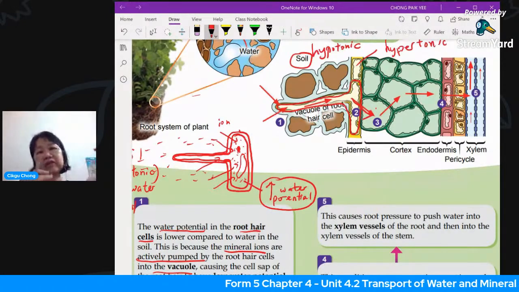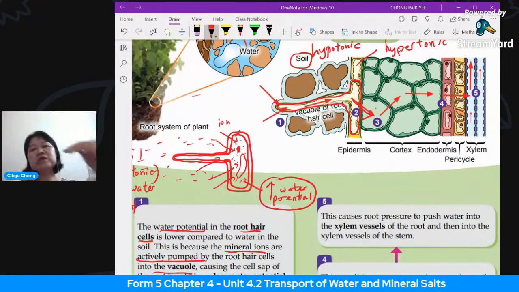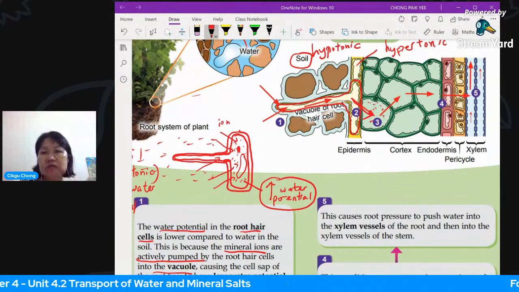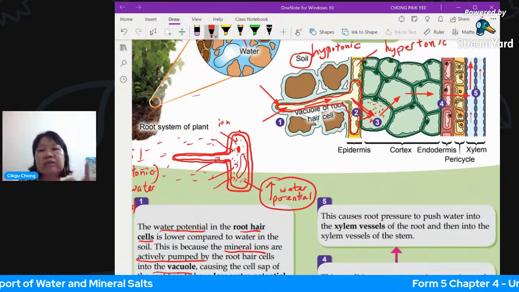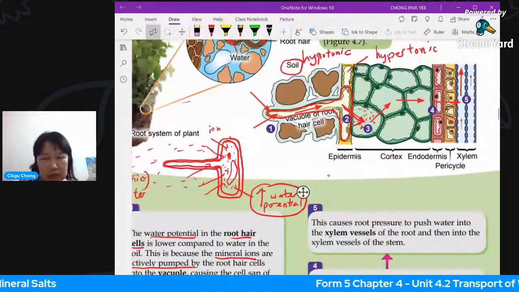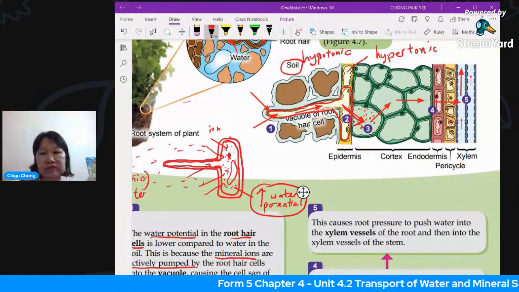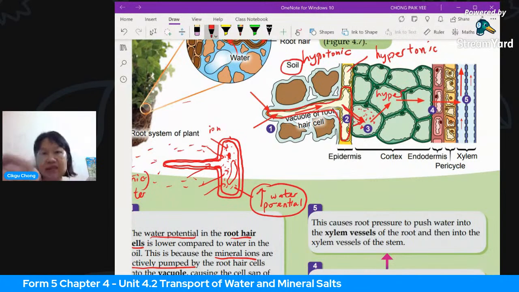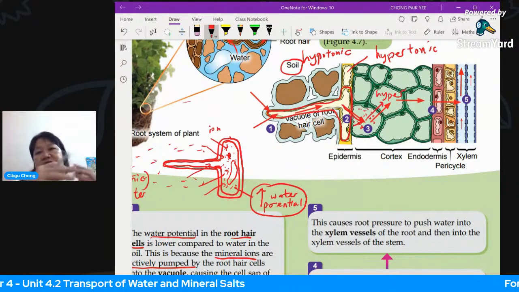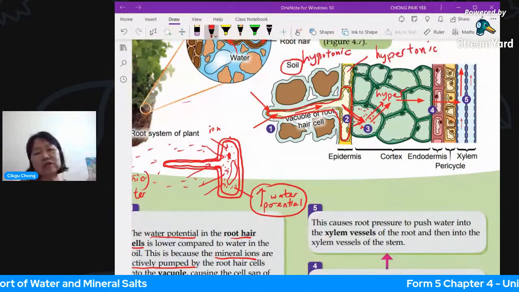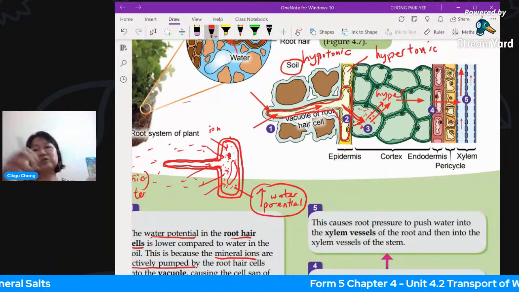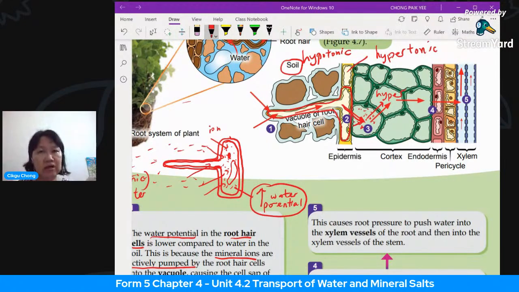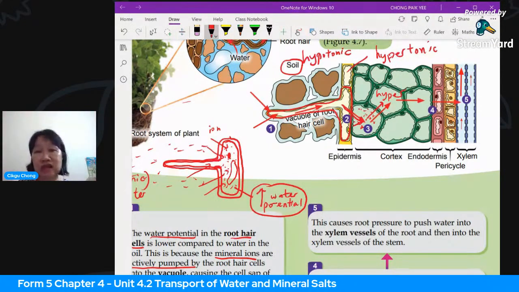Once the water enters here, this one is no longer hypertonic. Now it becomes hypotonic compared to the neighbor cells. This is hypertonic now, so again water is going to be transferred in. It's like one by one. Water will be transferred from this cell to another cell, to another cell, because the ones that are inside are always hypertonic to the ones that already have water come in.